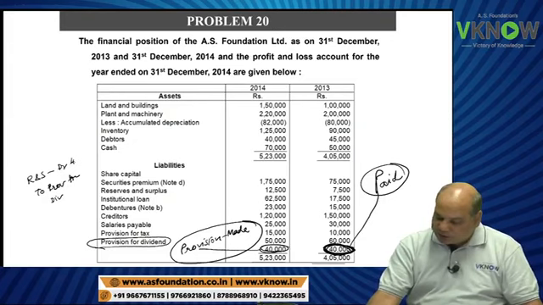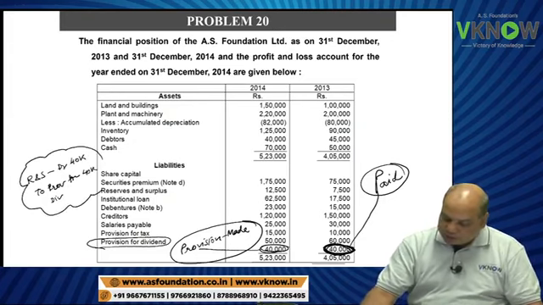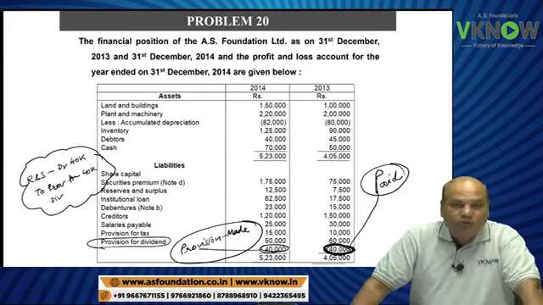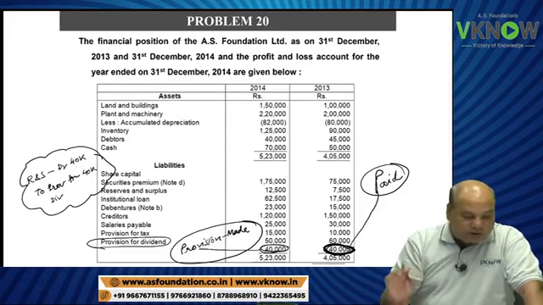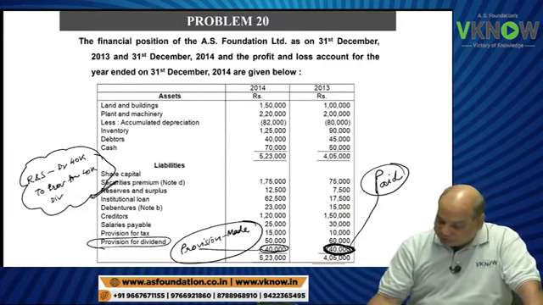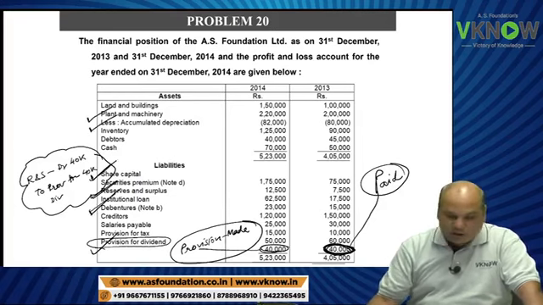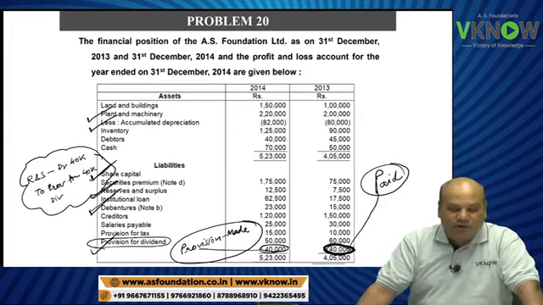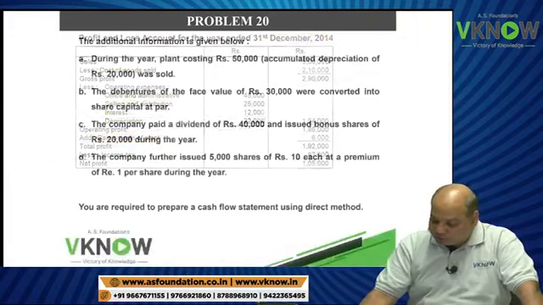Please tick mark reserve and surplus and provision for dividend. Tick mark these items which have adjustments: share capital, debenture, plant, accumulated depreciation. So we'll have to prepare working notes for these items.